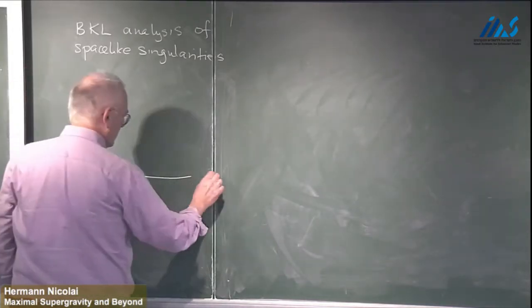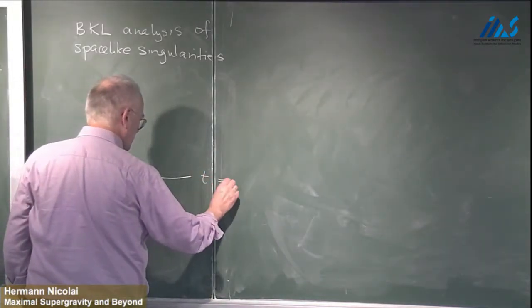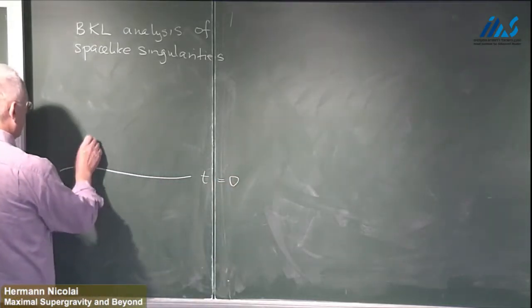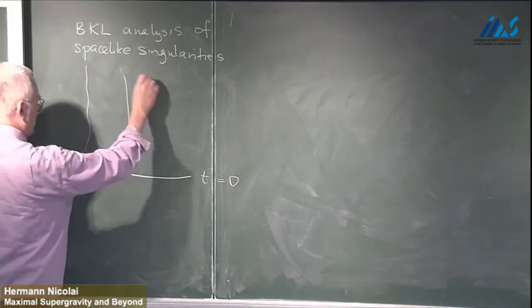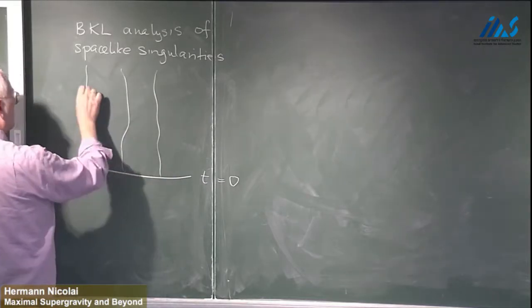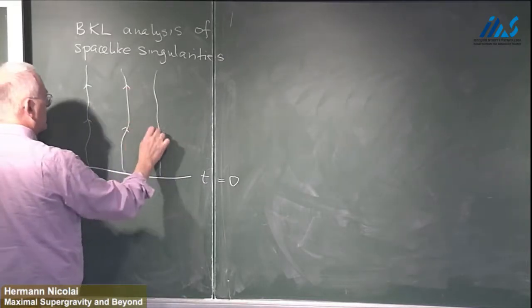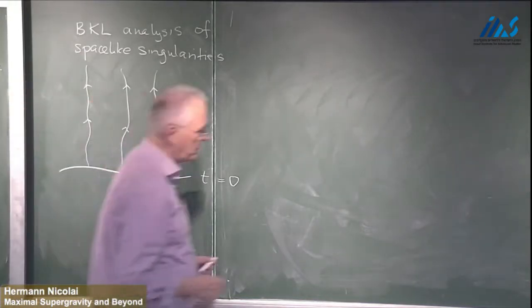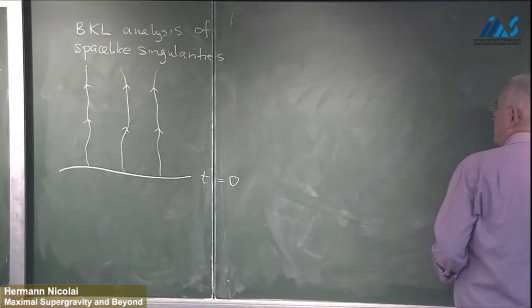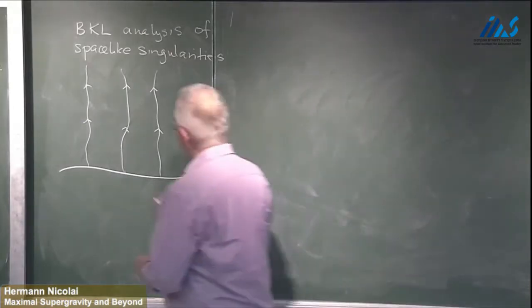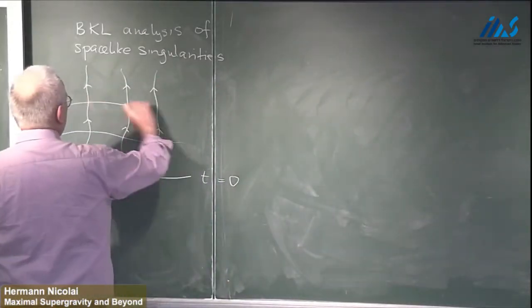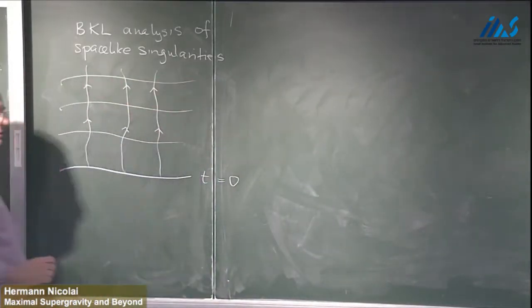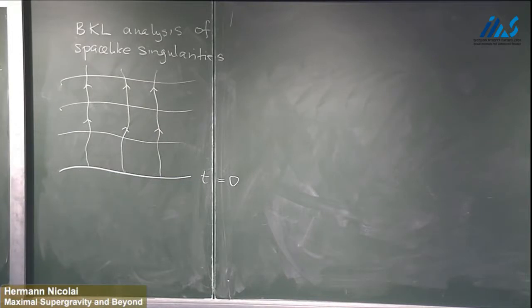Here's the Big Bang hypersurface, proper time, and here we have world lines of freely falling observers that come out of this singularity. And then you can foliate this space-time by space-like hypersurfaces, like this.